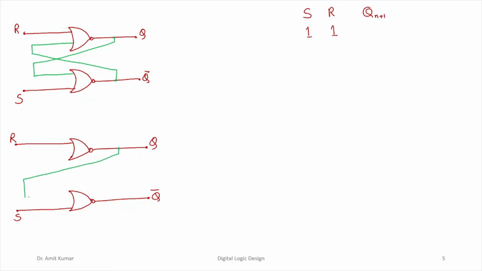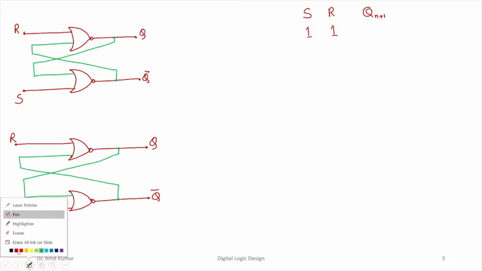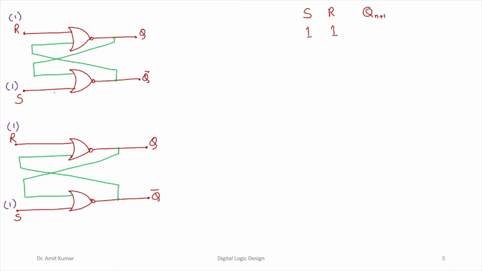This is the feedback mechanism like this. In this case, we are considering both inputs to be a 1 value. So R is going to be a 1, S is going to be a 1, right?